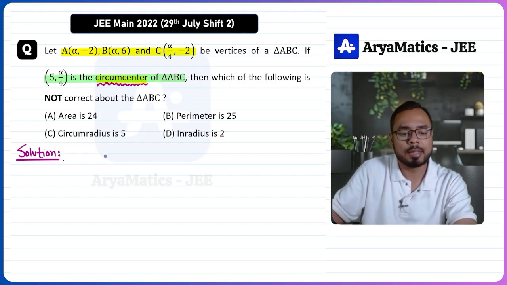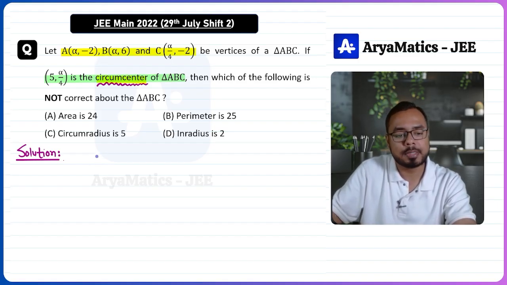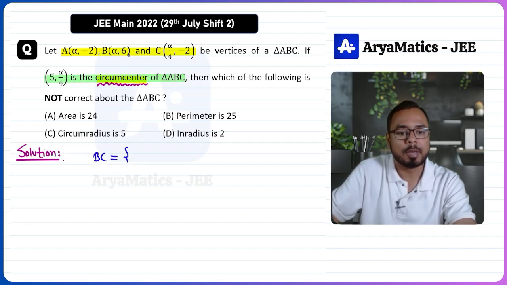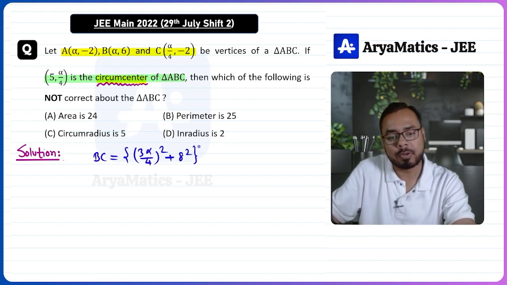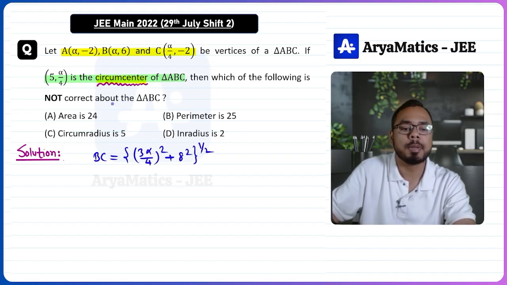So here if you calculate the different sides, the side BC using the distance formula will be the square root of (alpha minus alpha by 4) squared, so that is (3 alpha by 4) squared, plus (6 minus minus 2), that is 8, squared. This is side BC.